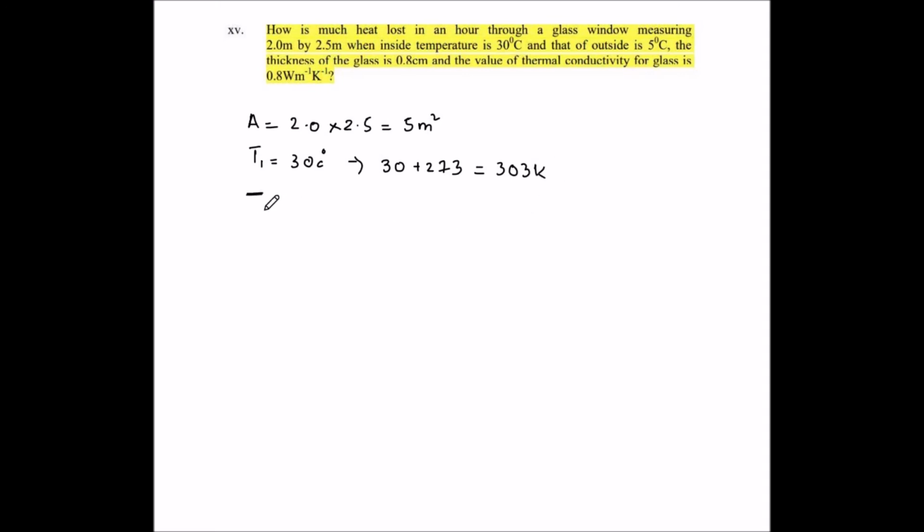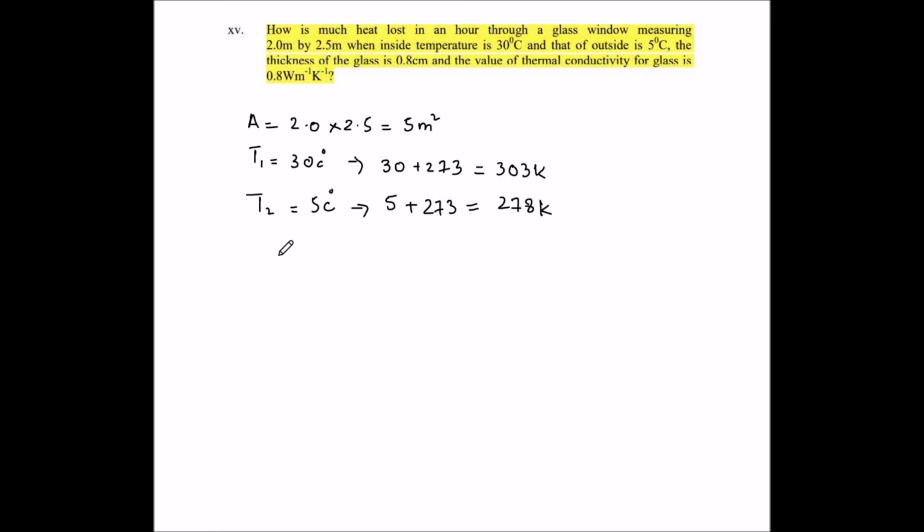The second temperature we have, T2, is 5 degrees Celsius. The same method for the conversion: given number 5 plus 273 gives you the answer in Kelvin, which is 278 Kelvin.